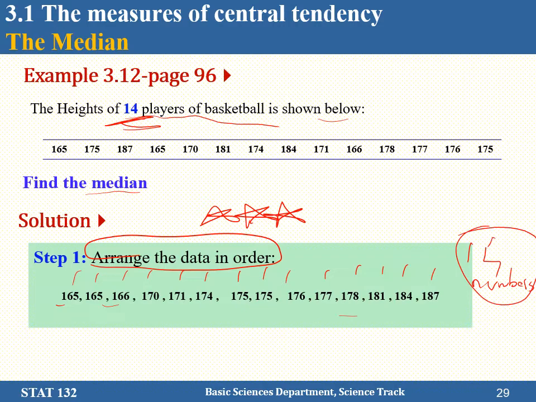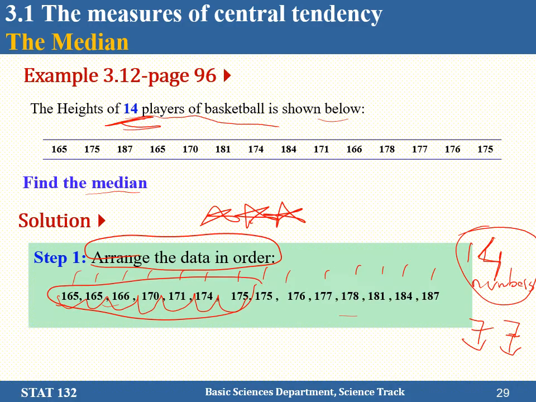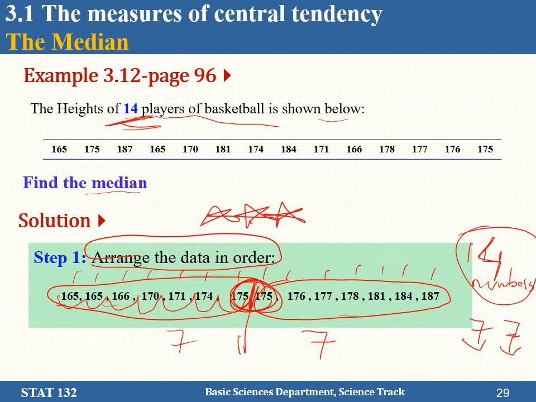So if it is 14 numbers, it means we can divide them into 7 and 7, right? So then you count 1, 2, 3, 4, 5, 6, 7. Let's make one group, and the other 7 makes another group. Now you find these two middle numbers and you take their average.